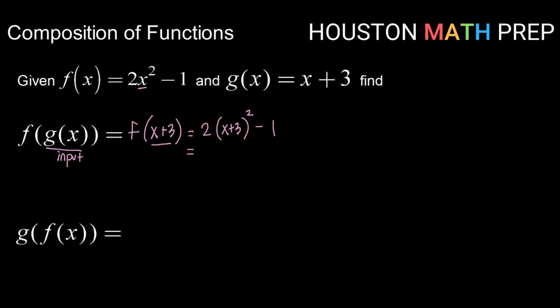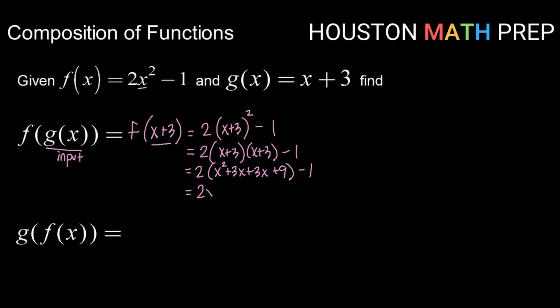Now from there, it is pretty typical that we want to simplify as much as possible. So here, that would look like going ahead and expanding my (x plus 3) squared. So that would be 2 times (x plus 3) times (x plus 3). Doing that multiplication, that would be 2 times (x squared plus 3x plus 3x plus 9) minus 1, and then combining like terms and distributing my 2.